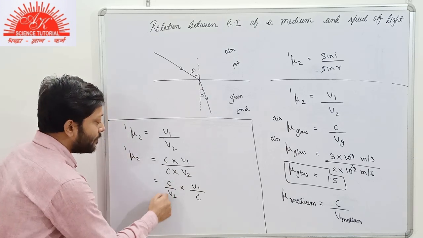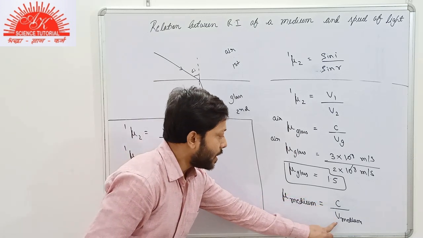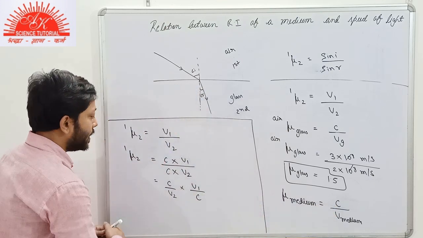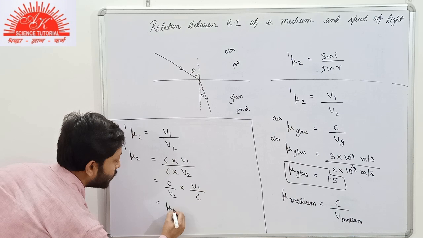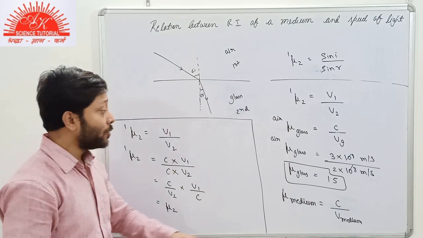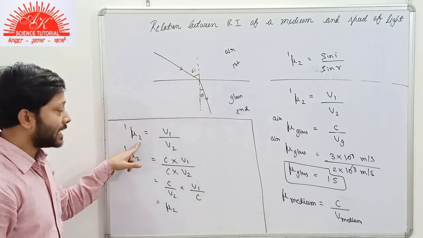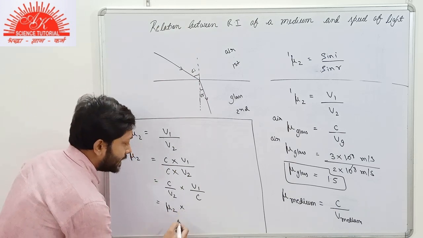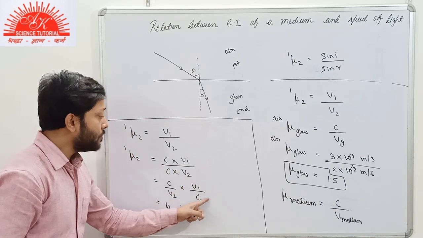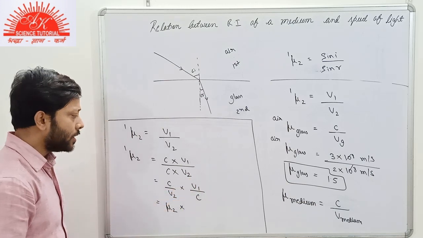So C by V2 can be written as mu2, that is the absolute refractive index of the second medium. It might be any medium. But in this part, we can see V1 by C. What can we do here?